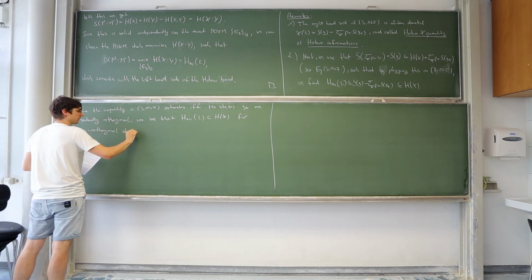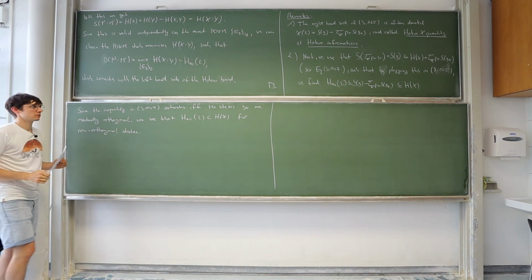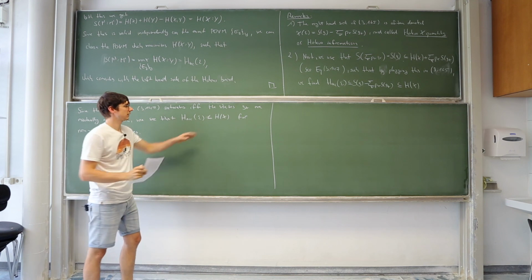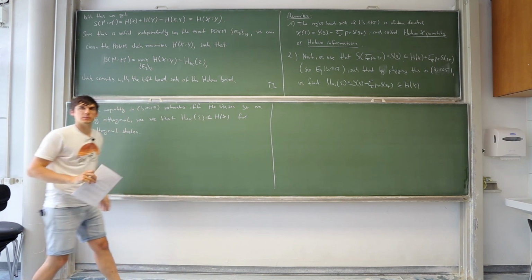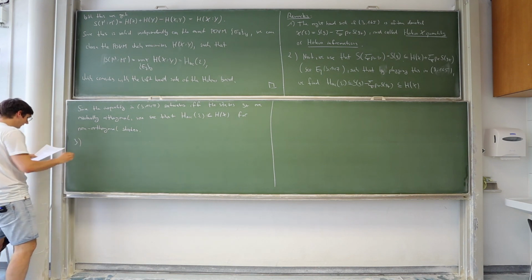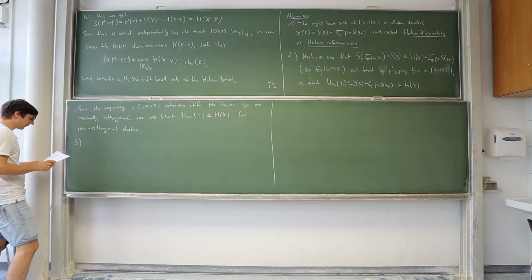So this is the same as we've seen before. We already quantified it, that if I have non-orthogonal states, I don't have access to all the information about this random variable x.